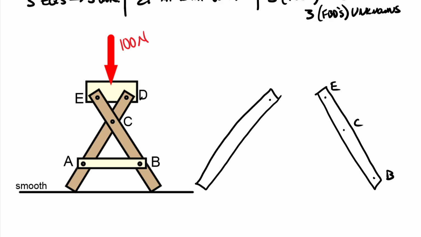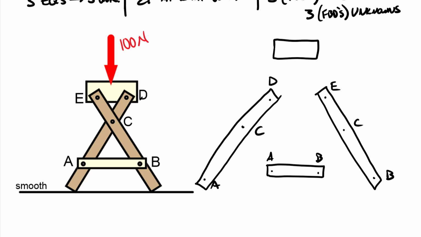So this is going to be D, C, A. Here is that connecting member between them. Right, so this is A, B. Let's draw the seat top up here. And this is point E and point D.